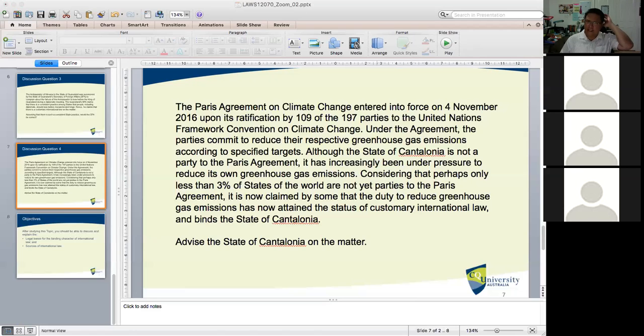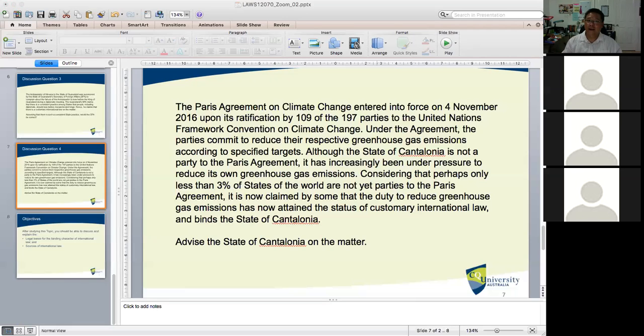The fact is that, one, there has not been consistent state practice, and we're talking of a specific, real treaty here, the United Nations Framework Convention on Climate Change. There has not been consistent state practice regarding climate change.